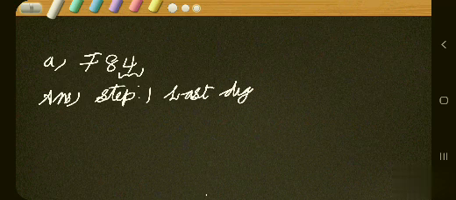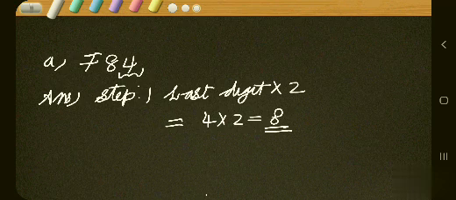Answer. It consists of 2 steps, and step 1, last digit into 2. Which is our last digit here? 4. 4 into 2 is equal to 8, isn't it? This is our first step.